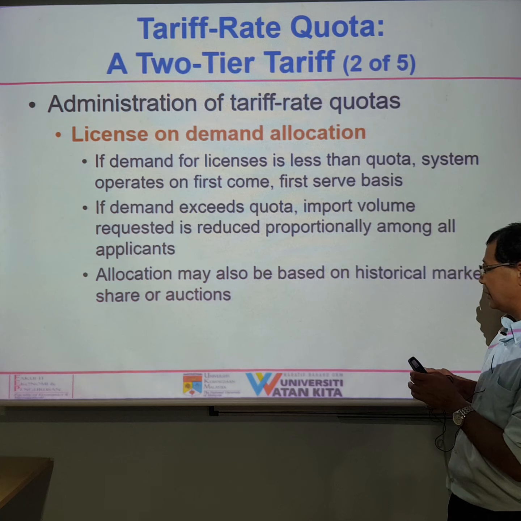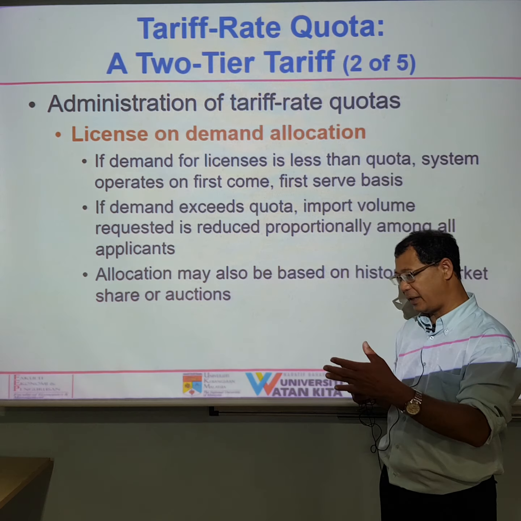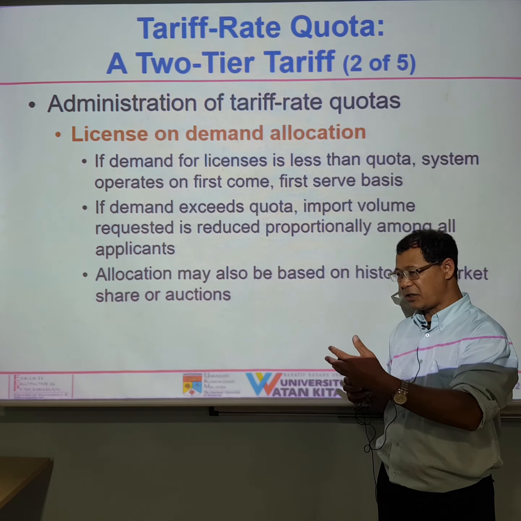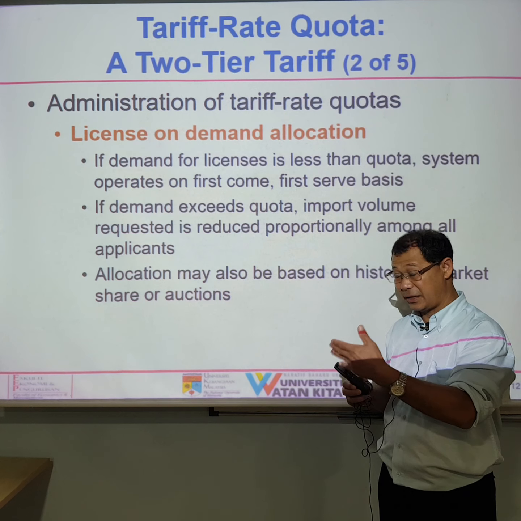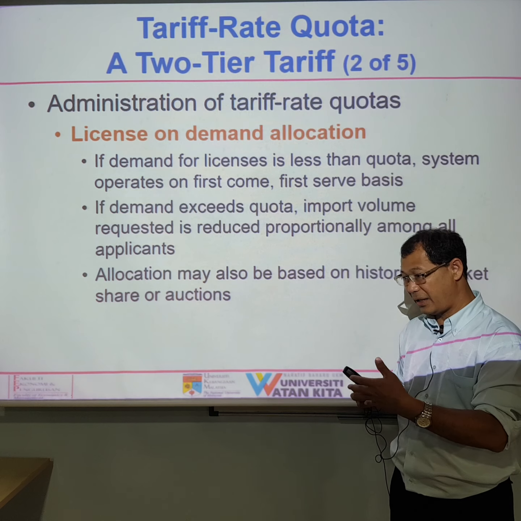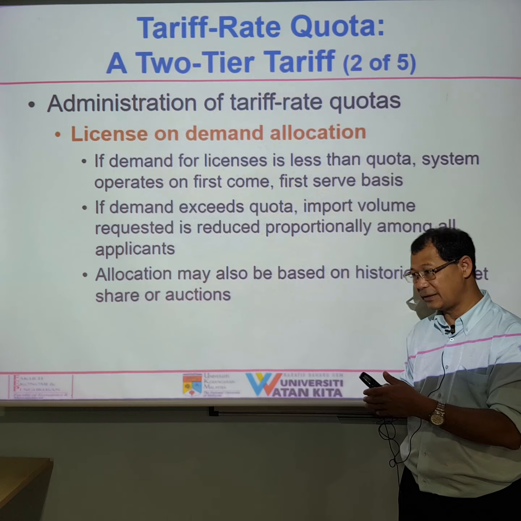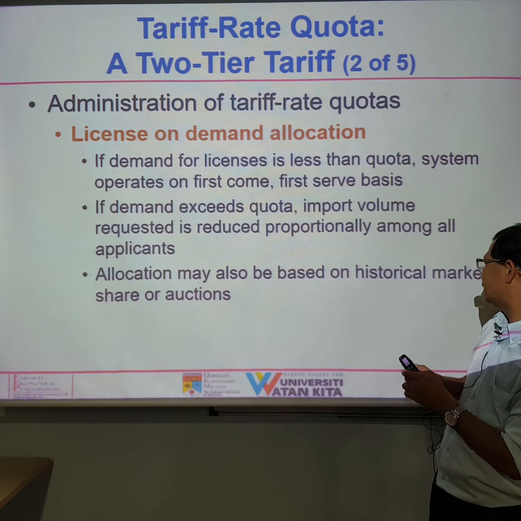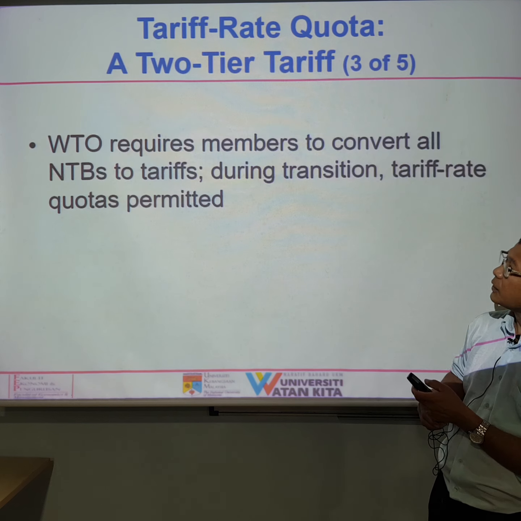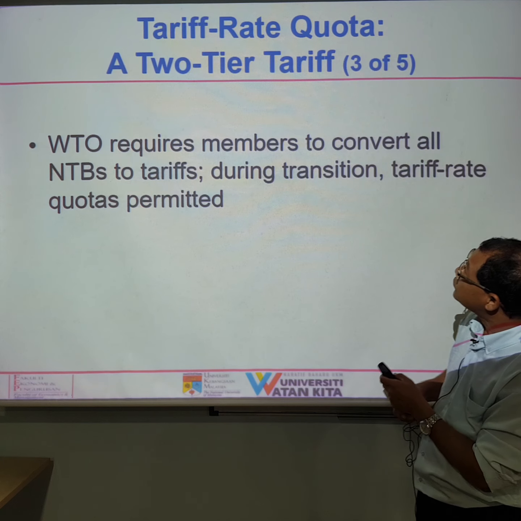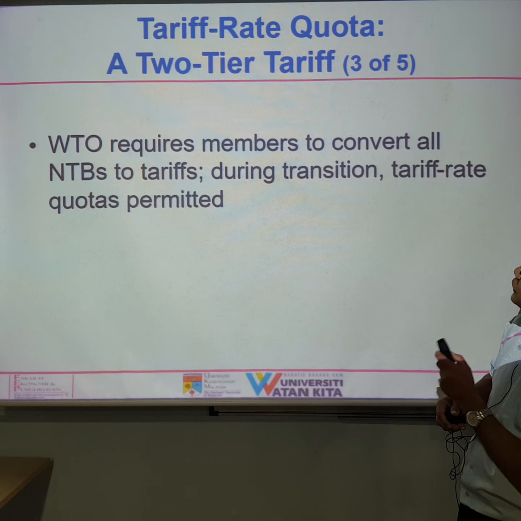Historical market share is like this: a company has been a major importer in that country, so the government may continue to award import licenses based on that historical market share. Tariff rate quota is still a two-tier tariff.